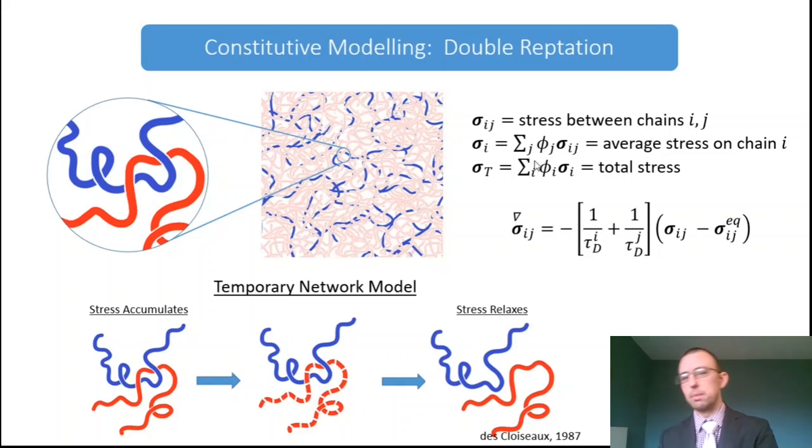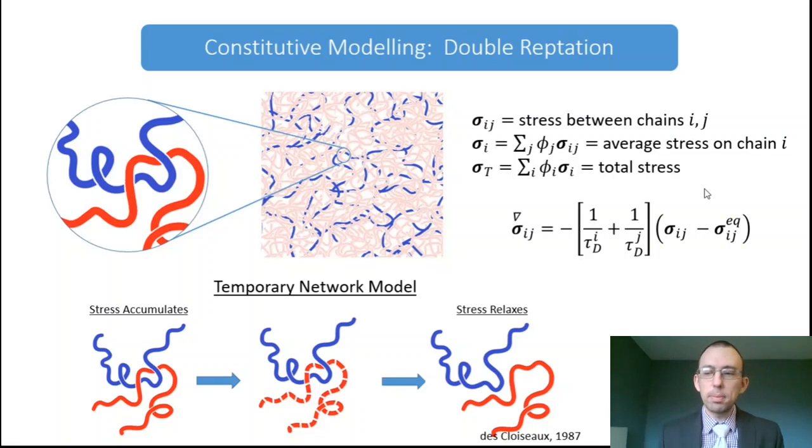Chain A with chain B with chain C, and so on. If you catalog all the different pairwise entanglement possibilities, then you can describe stress relaxation at each of those entanglement pairs by simply an additive process. Right? The relaxation rate for an entanglement is just the rate of relaxation when one of those chains reptates out of the entanglement or the other one reptates out.